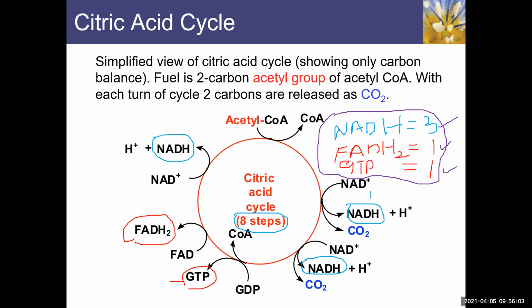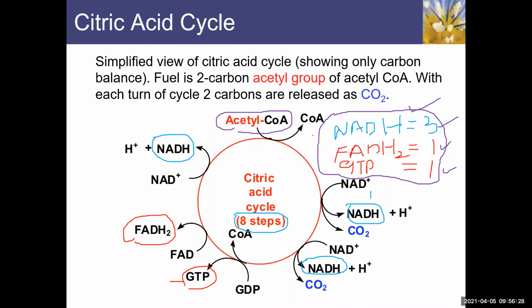Now, every time a molecule of acetyl-CoA enters, basically, there were two acetyl-CoA produced. So one acetyl-CoA will enter, and all this will be produced. Then one more molecule of acetyl-CoA will enter, and all this will be produced again.